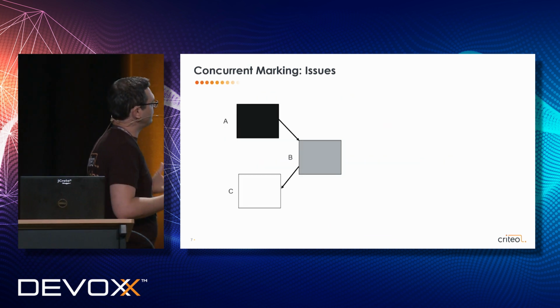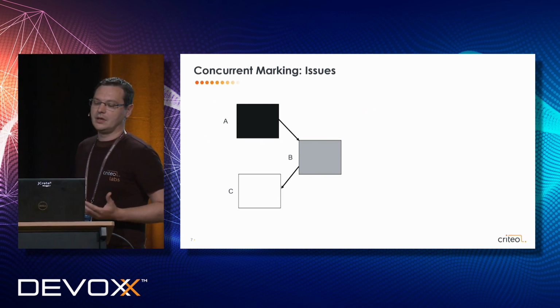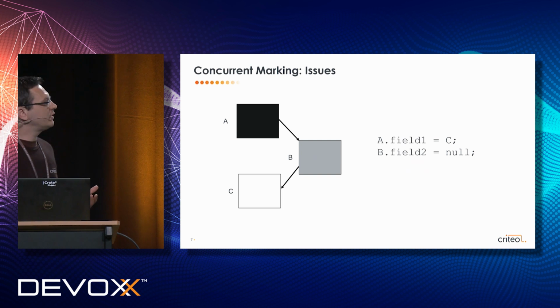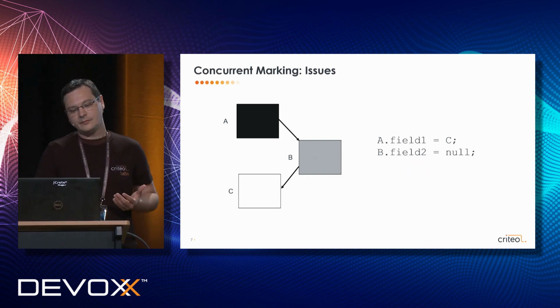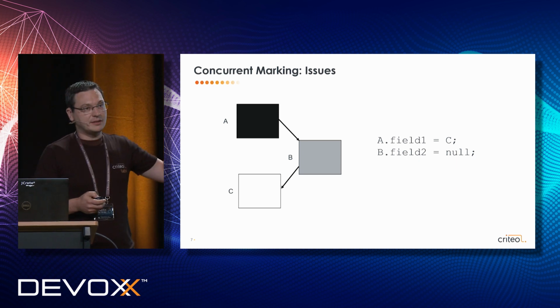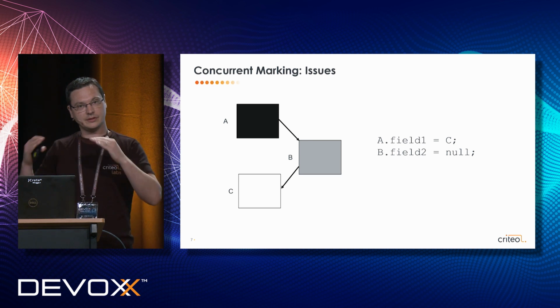What it means, with an example, is if we have an object graph A, B, C, and an application thread that is trying to execute this code, though the concurrent marking has actually marked the B object.